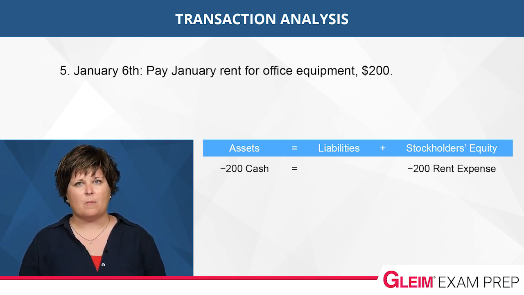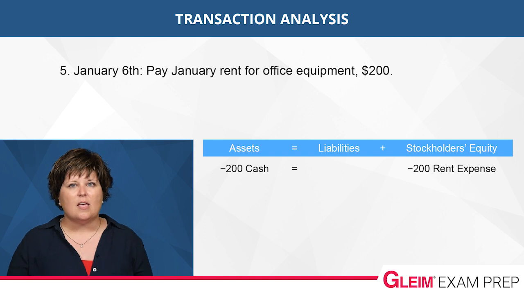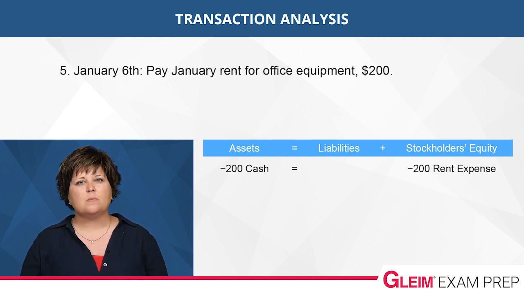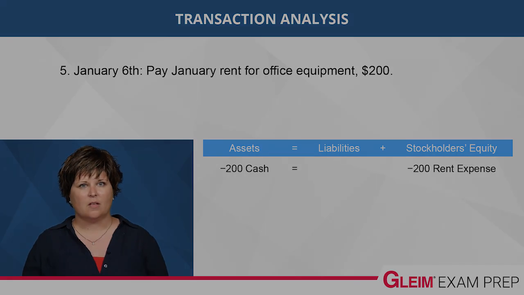The rent that we paid was for this month of January, and we say this is an expense of doing business this month of January. Expenses decrease retained earnings, which means expenses decrease stockholders' equity. In this balanced transaction, both sides of the accounting equation are decreased.